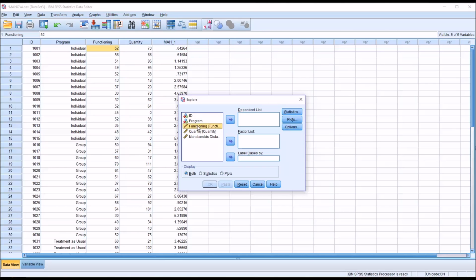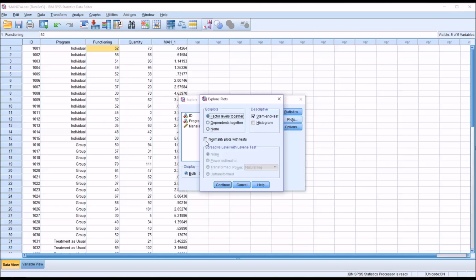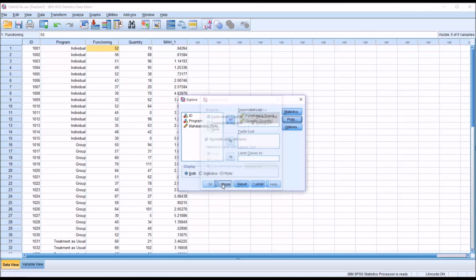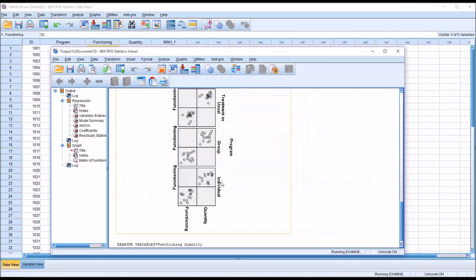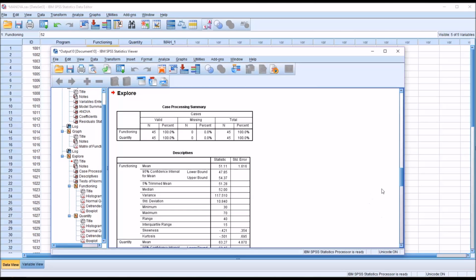So it's just going to be functioning and quantity over to the dependent list, and then under Plots we're going to want to check off normality plots with tests. And I don't really use the stem and leaf too much, but I will check off the histogram. So let's run it this way and take a look at our results.